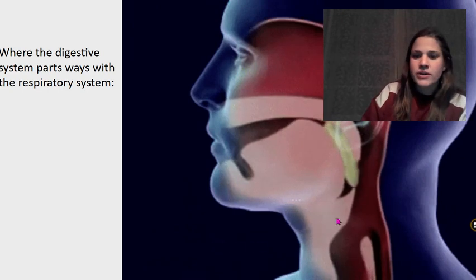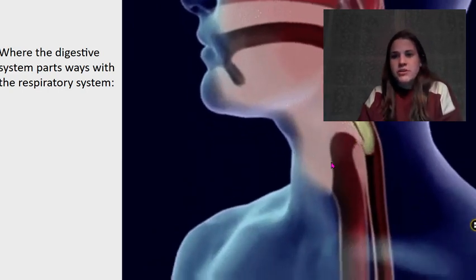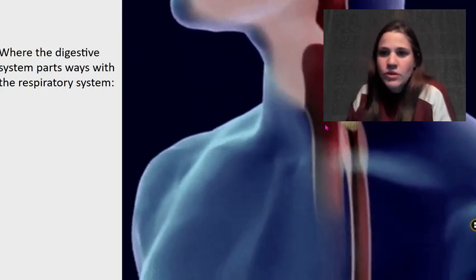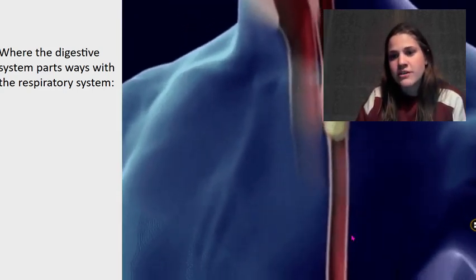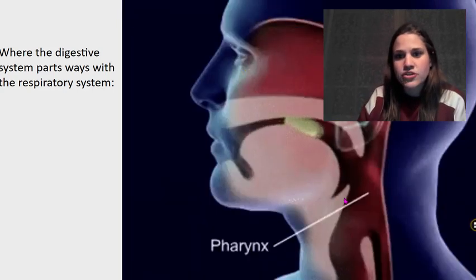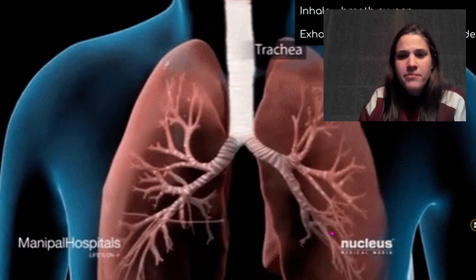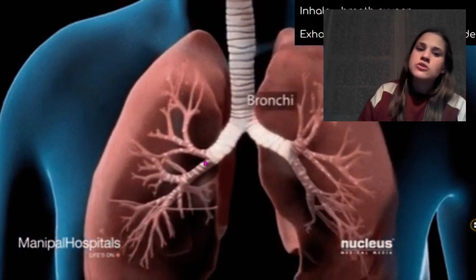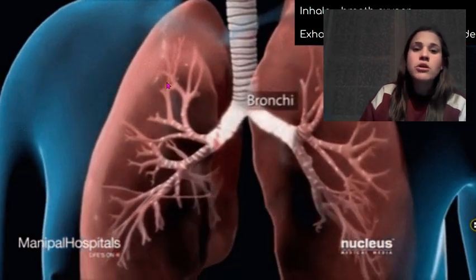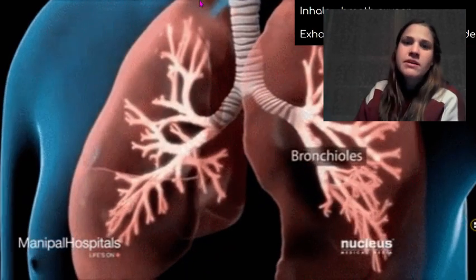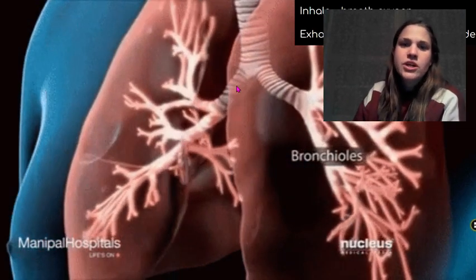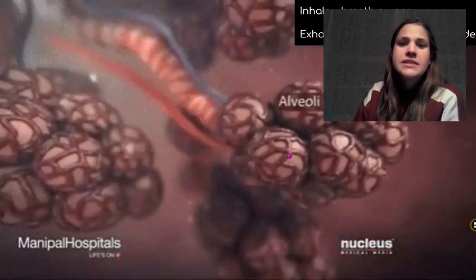This is the spot where your digestive system is going to separate from your respiratory system. So this is following the journey of your digestive system, but we're right here in that trachea. So instead of diverging here, we would go down this path, down the trachea, into those bronchi, into the bronchioles, the smaller branches. It kind of looks like an upside down tree, right, with trunk branches. Trachea, bronchi, bronchioles, down into the alveoli.